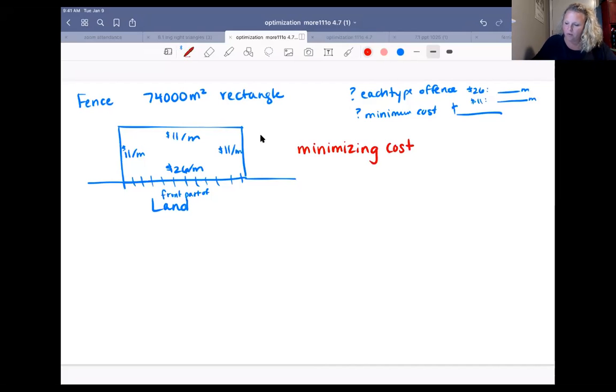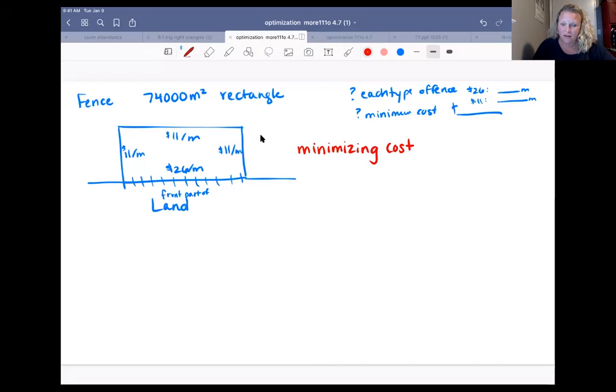So we have to come up with a cost function, and as long as we have one variable, then we can take the derivative, find its critical number by setting it equal to 0, and we'll find our length. So for this, it's a rectangle. And again, this is really the hardest part of this entire section, is your ability to come up with the equation.